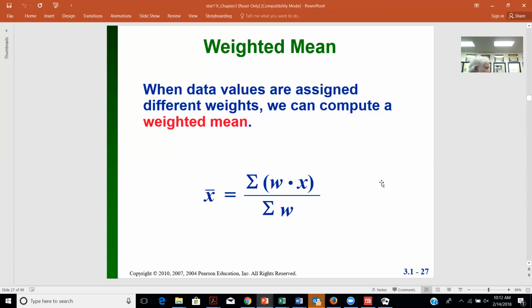And other states, like Wyoming, have 1% of that population. And so the data are heavily influenced by what goes on in California.